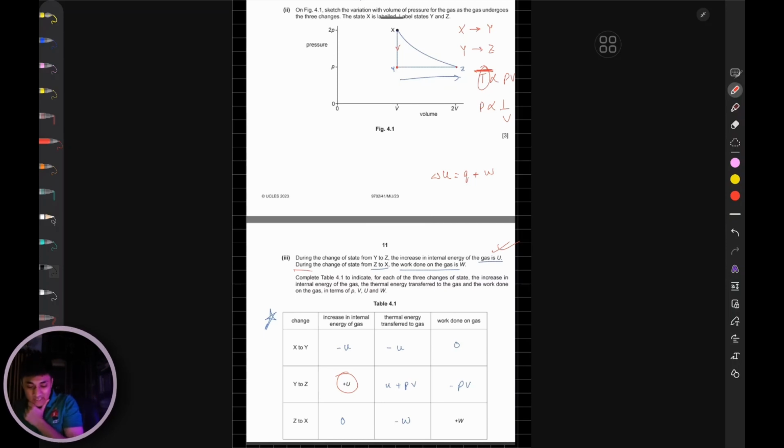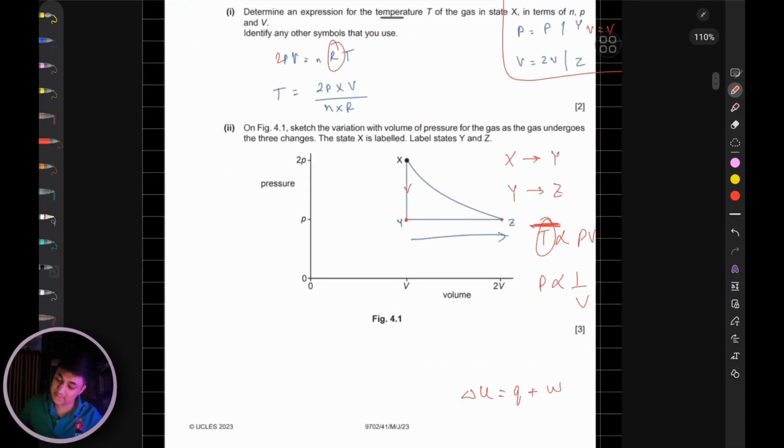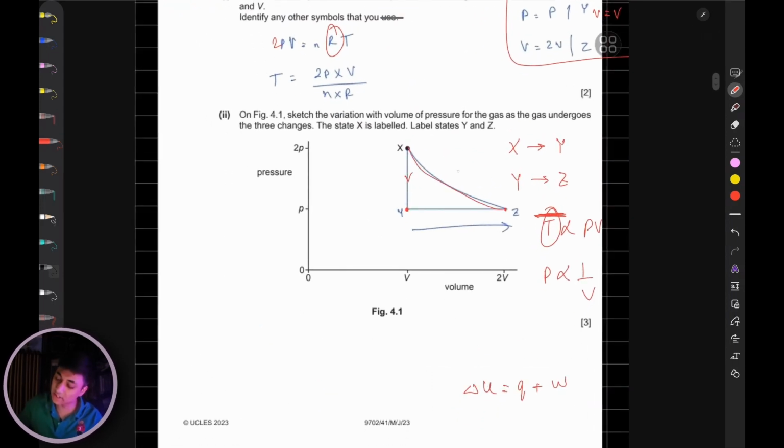During the change of state from Z to X, the work done on the gas is W. Since this transition is not happening at constant pressure, you cannot use the formula P times del V to find the work done. However, the work done from Z to X is the area under the graph.